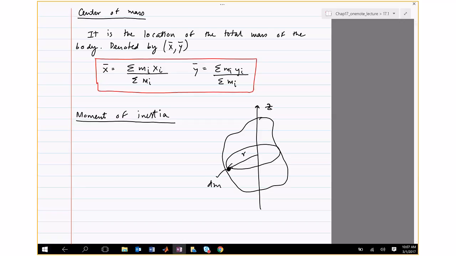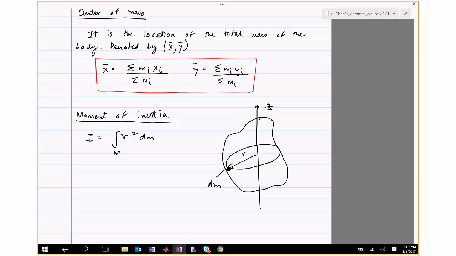In order to find the inertia, you take the integral of r squared, the distance of that particle, times dm, the small element mass, and you integrate over the mass of the body. You've got to take this integral over the entire body to find the inertia.